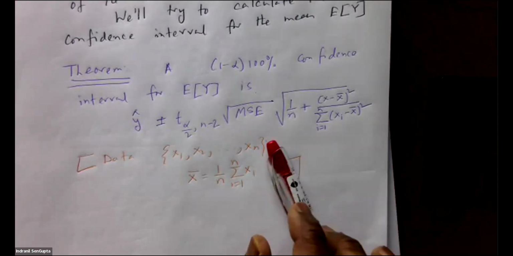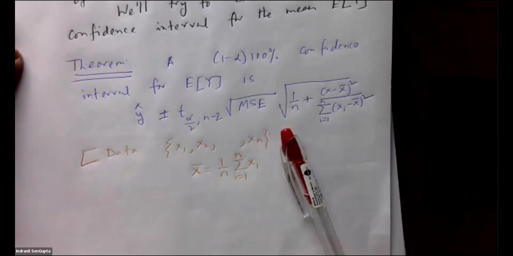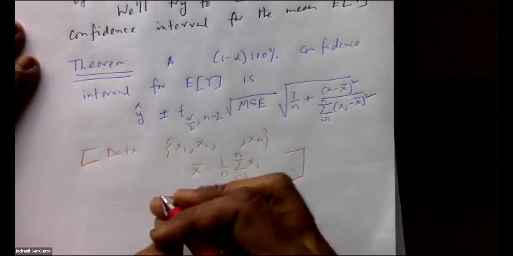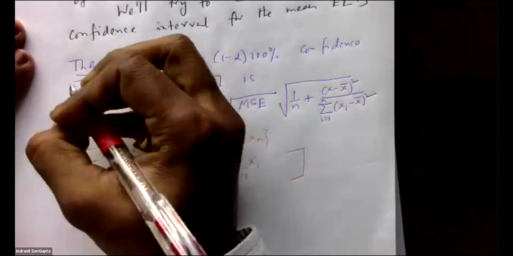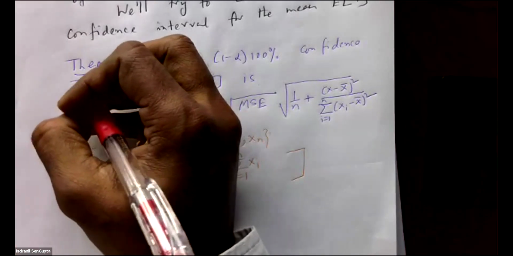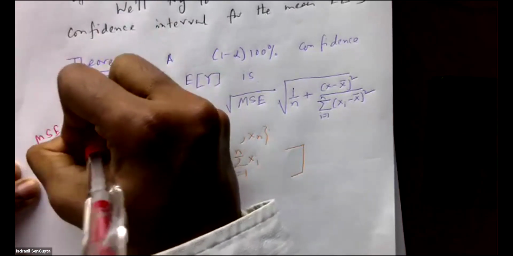By the way, since this MSE was mentioned last time, let me just write it here. The MSE is really given by n sigma hat squared over n minus 2.